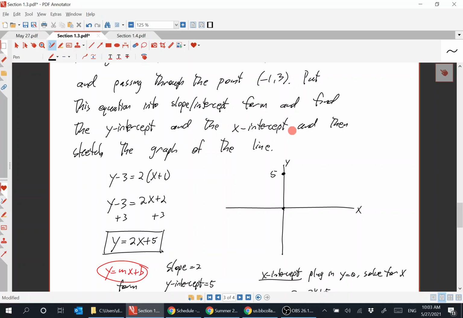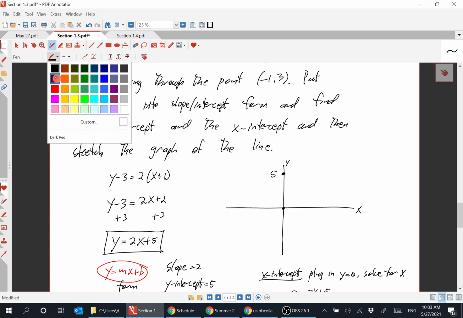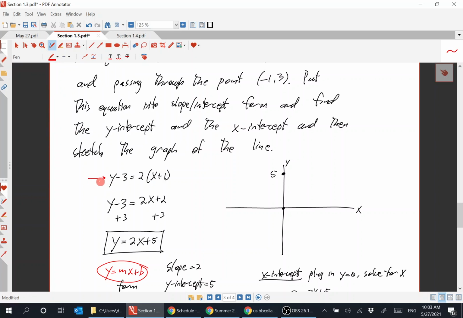So to get to slope-intercept form, just solve for y. So you have y minus 3 is equal to 2 times (x plus 1).